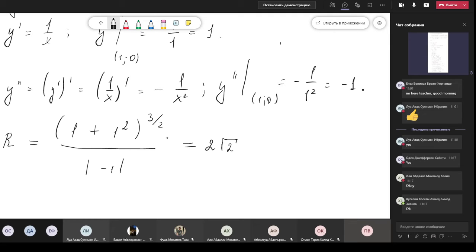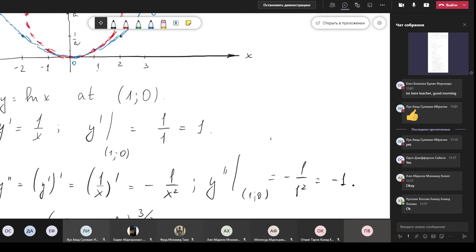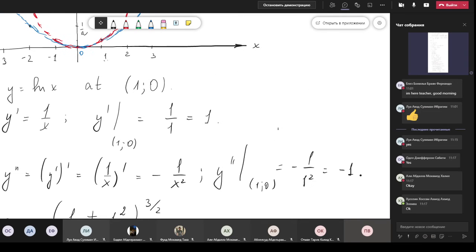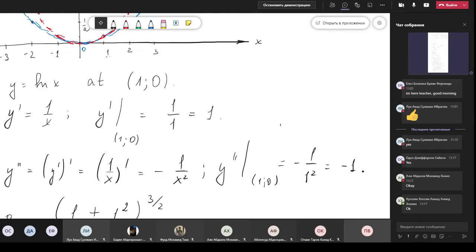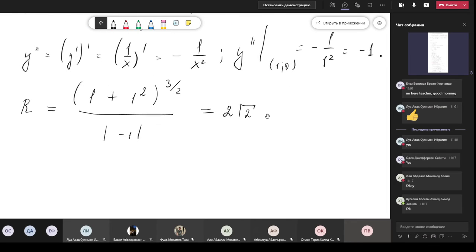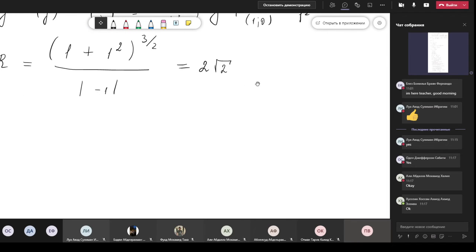And then we must construct our function y is natural logarithm of x at the point 1, 0 and construct the circle of curvature. It is our y-axis, and our x-axis.